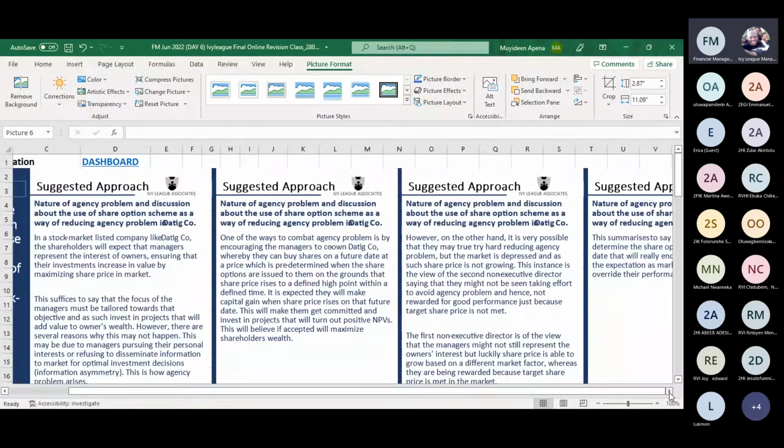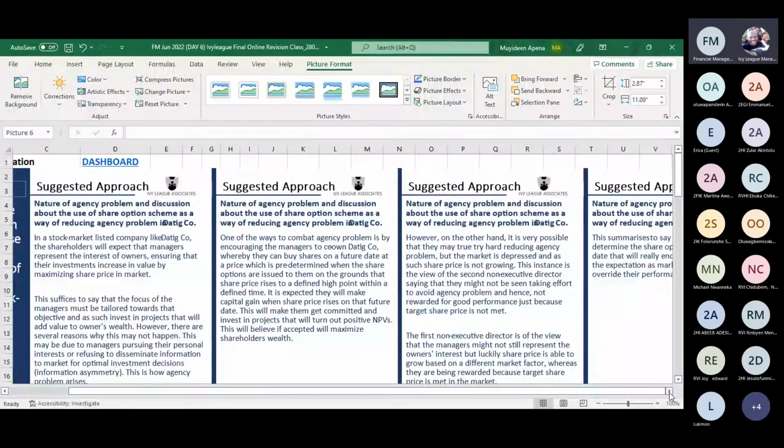Where they are not doing what they need to do, it means there is an agency problem. So there may be an agency problem, but it's not showing because the market is doing so well and the share price is increasing, and it's not showing that the managers are the contributors to it.